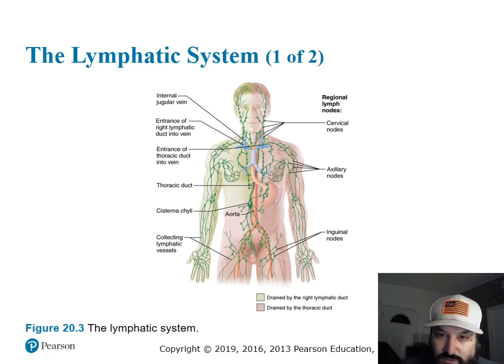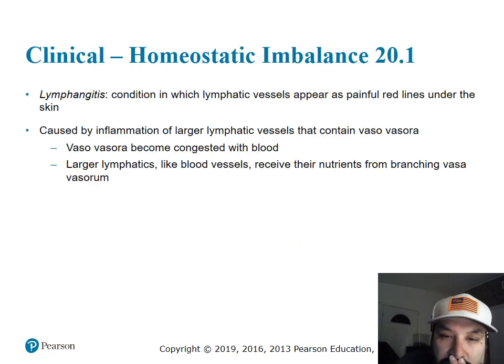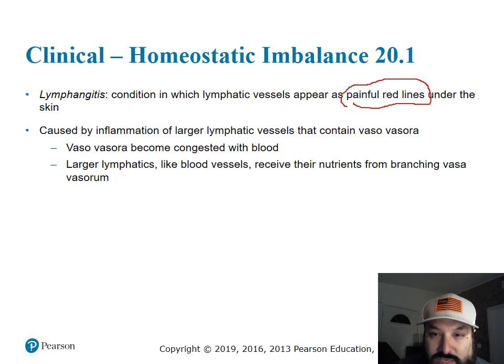And you see all of the lymphatic vessels and what we call the lymphatic nodes, right? So we'll talk about those very shortly. Okay, before we get into that, I want to talk about lymphangitis. Lymphangitis is a condition that you can view from the external part of the body. You see this because the lymphatic vessels look like painful red lines under the skin.